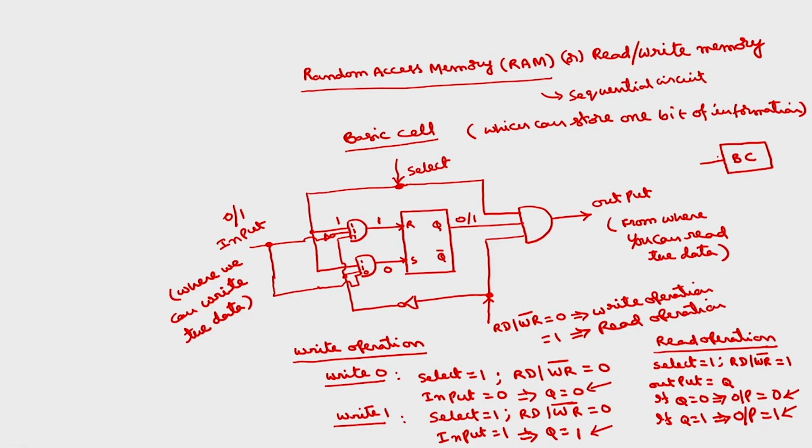There will be one input signal through which we will give the data which is to be written. There will be an output signal from where we will read the data. There will be one select signal to perform any operation. First of all, this cell has to be selected. Then one read by write bar signal which decides the mode of operation, read or write.